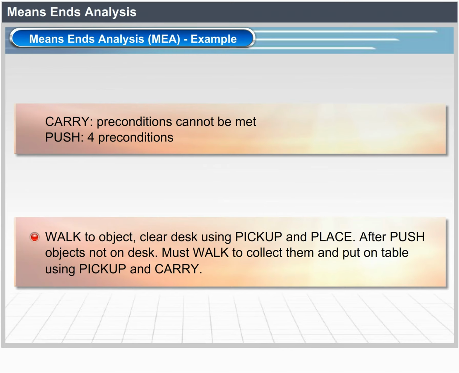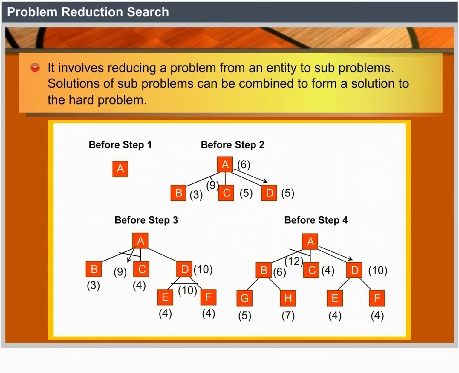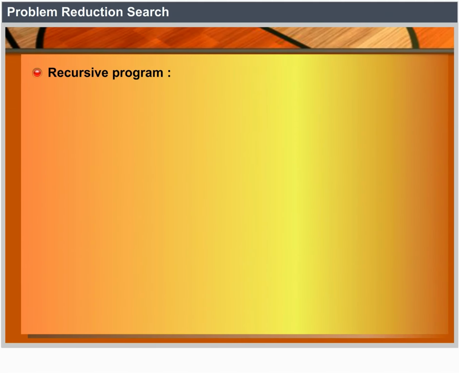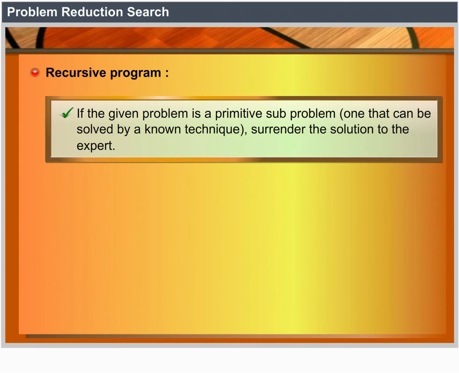Problem reduction search. It involves reducing a problem from an entity to subproblems. Solutions of subproblems can be combined to form a solution to the hard problem. Recursive program. If the given problem is a primitive subproblem, one that can be solved by a known technique, surrender the solution to the expert.